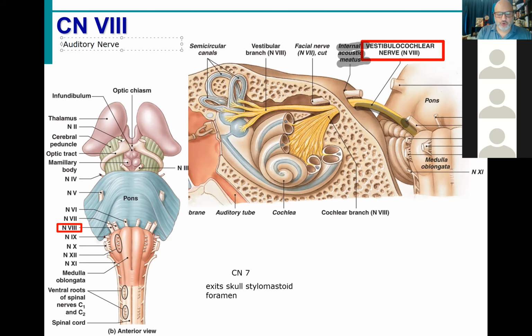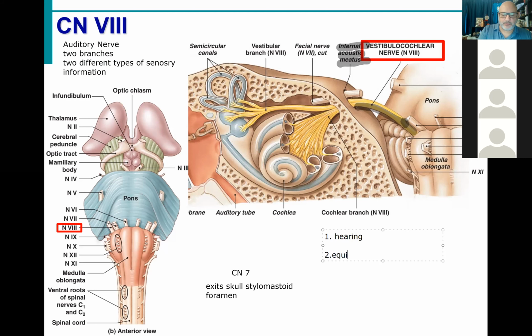There are actually 2 branches that provide 2 different types of sensory information. Yes, one of those types is perception of sound, hearing, but also the second one is our equilibrium and our balance.